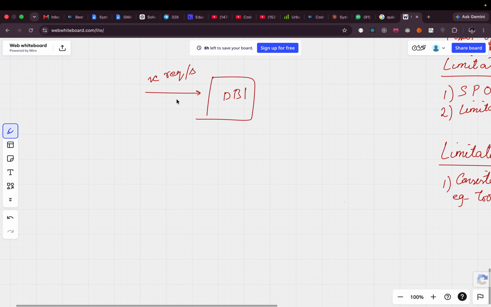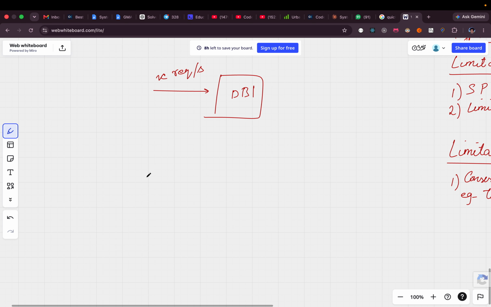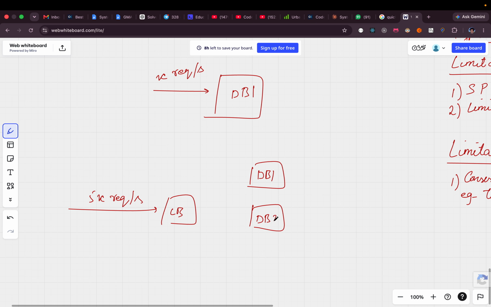But now suppose all of a sudden we have 5x requests per second. So what we do is, here we have a load balancer, and then we have 5 different databases, DB1, DB2, similarly DB3, DB4, and DB5.